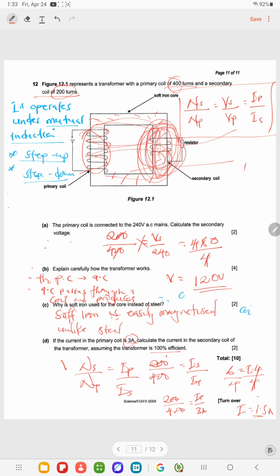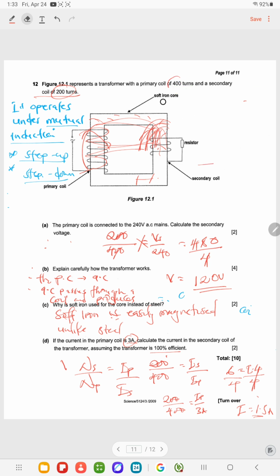So the overall concept of transformers I've touched. The only thing which has remained here is to look at the efficiency.